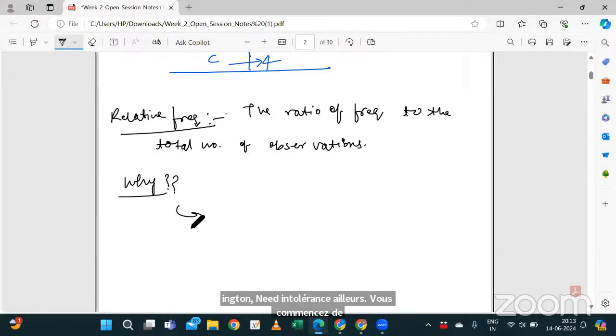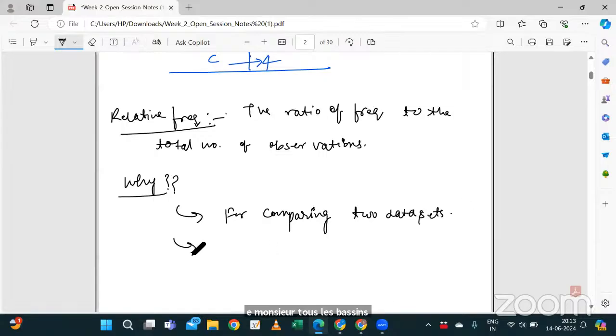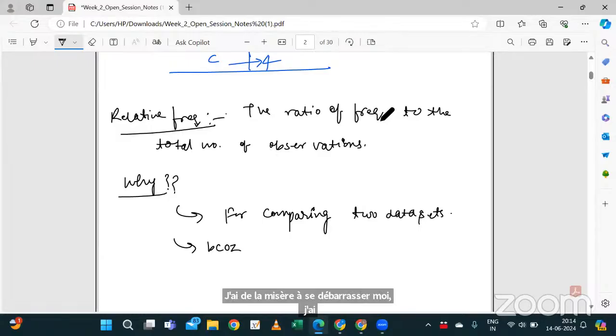Actually, if you have relative frequency, then I can compare. Basically, I can use it for comparing 2 data sets. And why is that so? Because relative frequency is the ratio of frequency to the total number of observations.